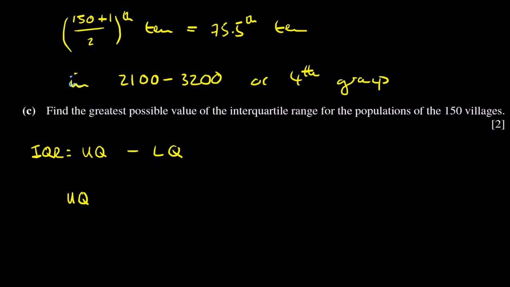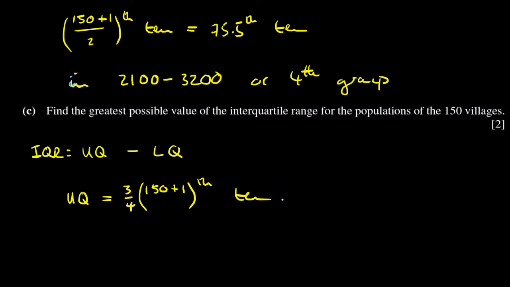Well, upper quartile is going to be equal to the (150 plus 1) times 3/4 term. I know it's a bit of an odd way of saying it, but basically I get all of my data, right? And I find the data point that is 3/4 of the way along the line. So with the median, I line up all my data and I find the one that's exactly halfway along the line. For the upper quartile, I find the one that's 3/4 of the way along the line.